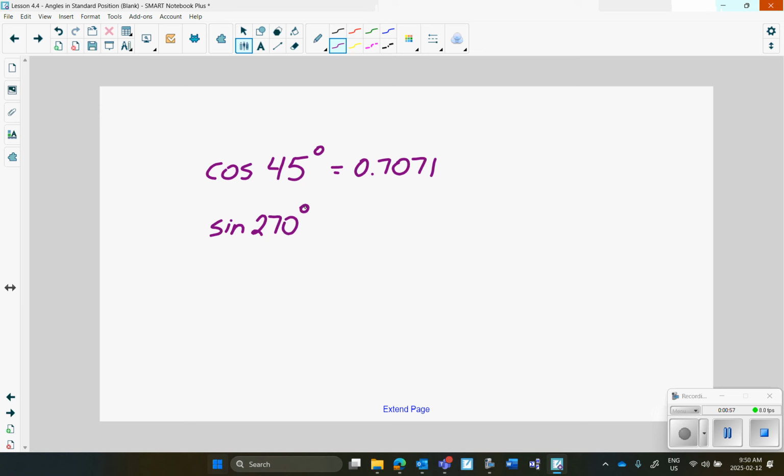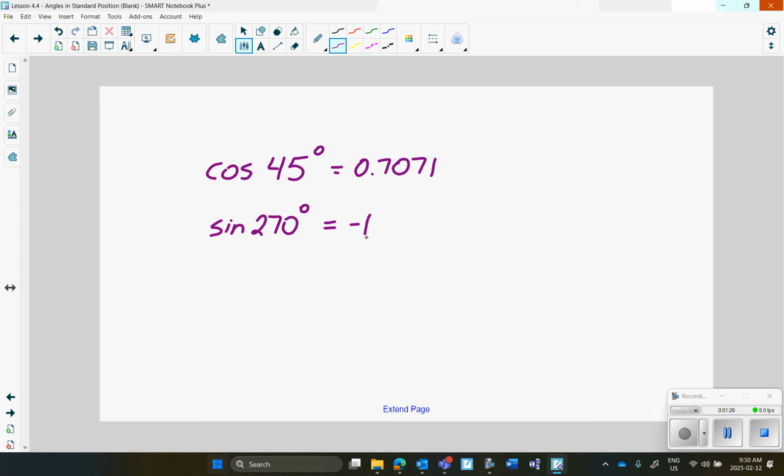That's something new. We've never done angles greater than 90 degrees, but you'd still use your calculator, and I'm assuming you get -1. Back up here, do the square root of 2 divide 2 on your calculator.